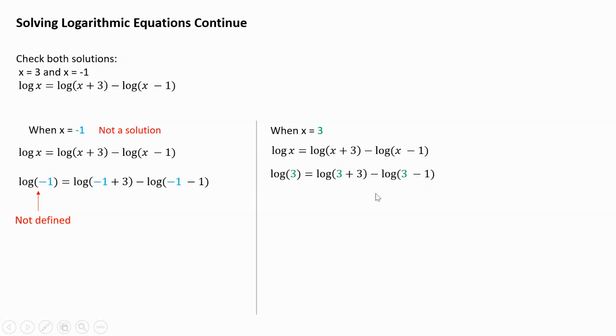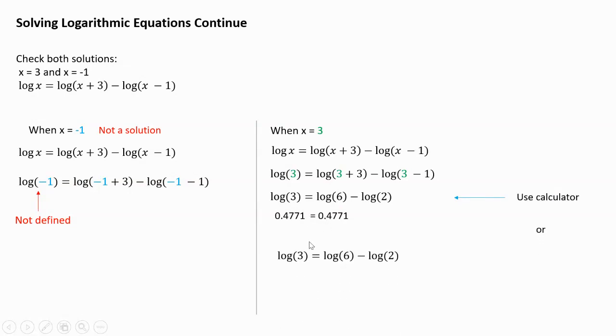Now let's plug in 3. We plug in 3 for every x. So we get log of 3 equals log of 6 minus 2. Here you can actually put it in the calculator, guys, or you can do it without the calculator. For example, on the right side, we have log base 10 of 6 minus log base 10 of 2.